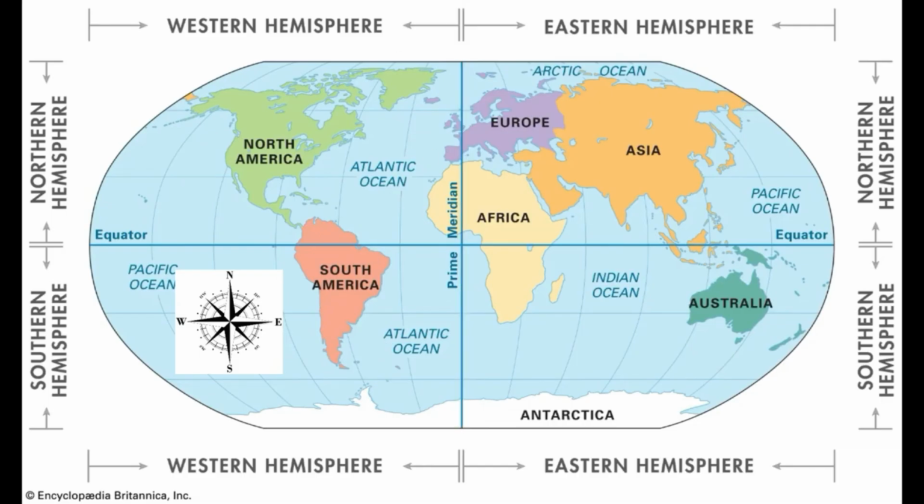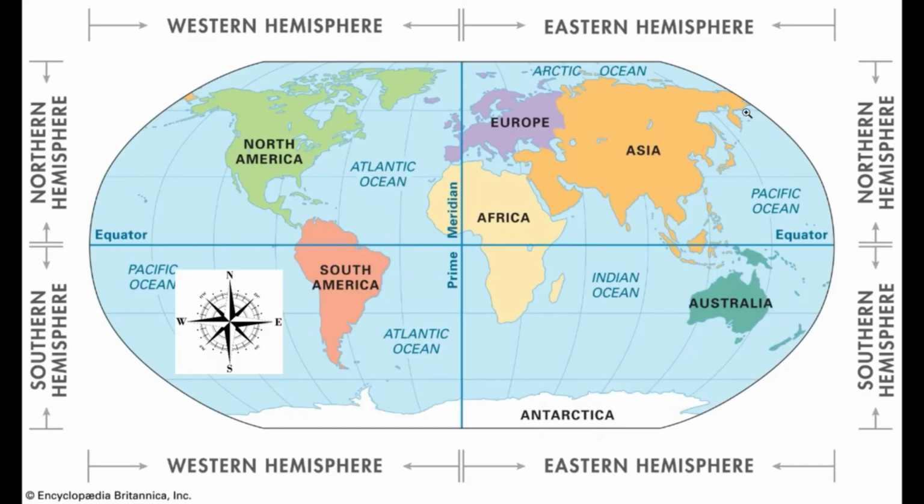So hopefully that seems pretty clear. And something I want you to think about is that when we start looking at these continents, let's say North America, and I ask you about hemispheres, you will see, if you just look back at this and then think about what you've learned in this video, that North America is located in the northern hemisphere, but it's also located in the western hemisphere.